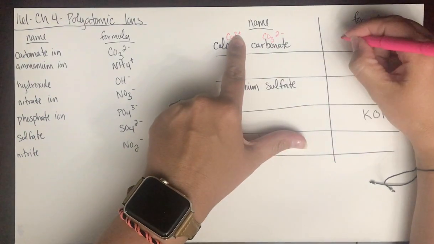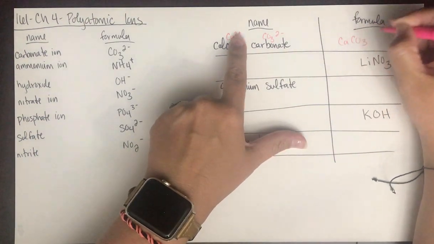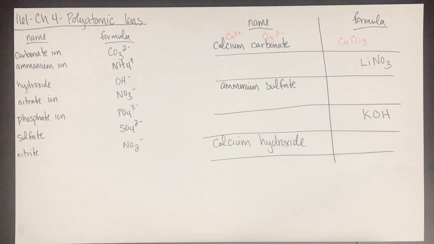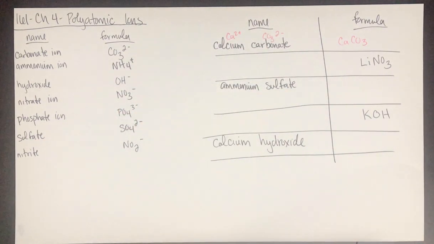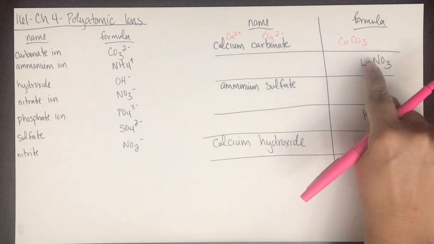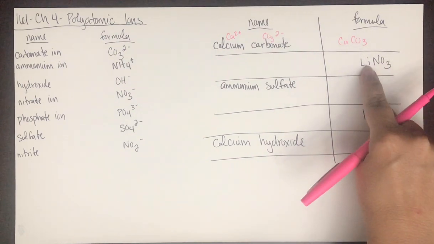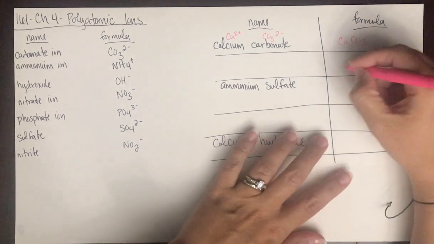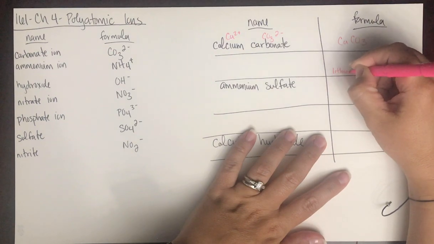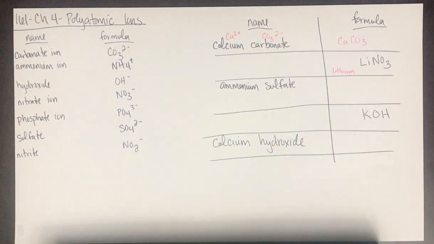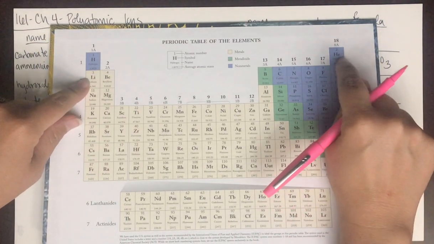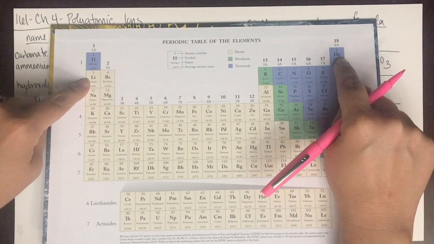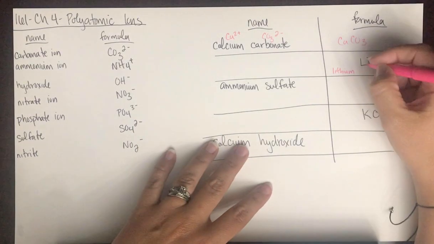So now I just write it CaCO3, that is calcium carbonate. CaCO3, +2, -2, neutral. So now let's look at this one, LiNO3. Well, I know Li is lithium. I know that from the periodic table. So if I see where lithium is on the periodic table, here it is, it's number 3. It's going to want to lose 1 electron to be like its nearest noble gas, so it's going to be +1.